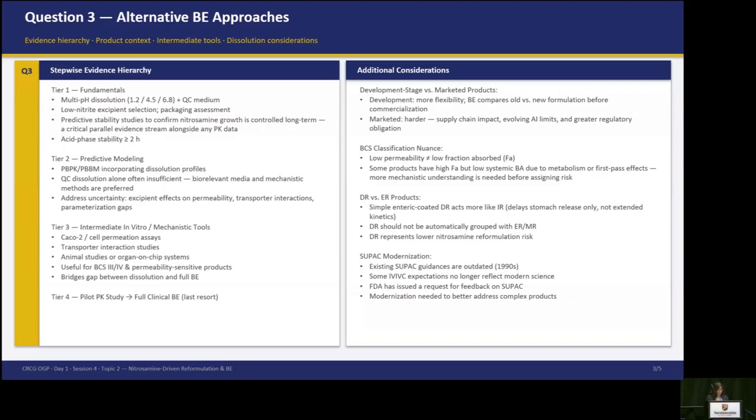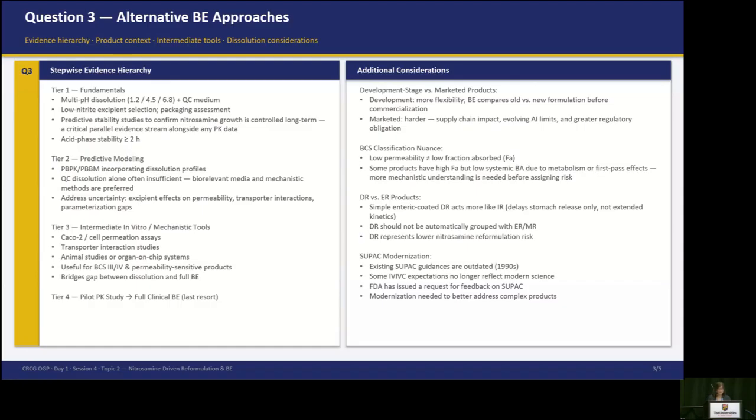And the group also thinks it's useful for BCS3 or for nitrosamine peptide products, along with the permeability sensitive products. And with tier 3, we can bridge the gaps between the dissolution and the BE study. Tier 4 will be to conduct the pilot PK studies and the full clinical BE study.